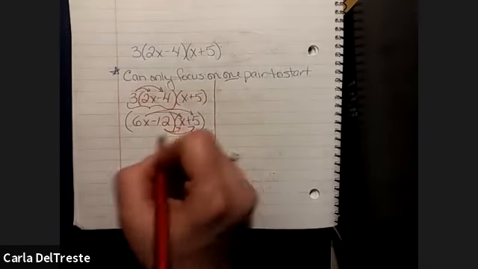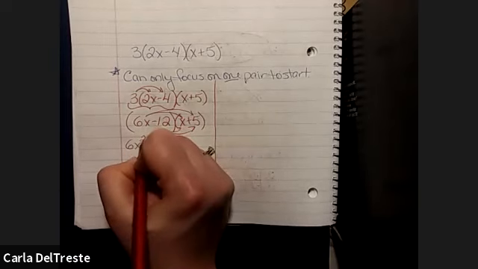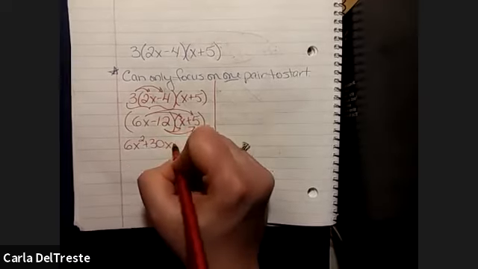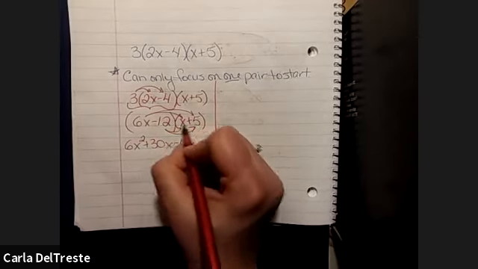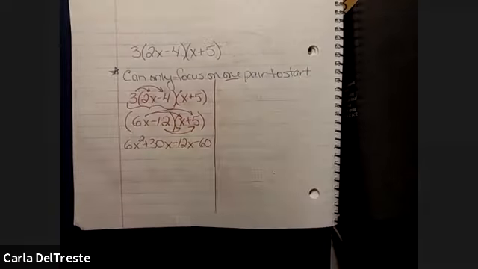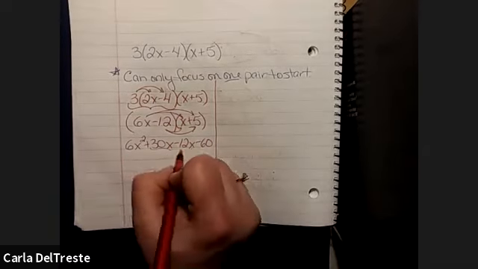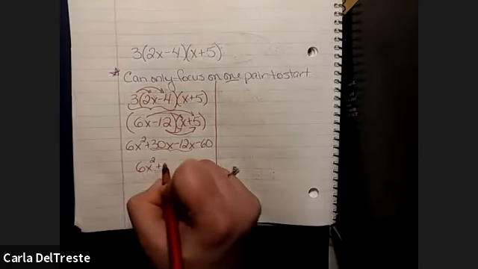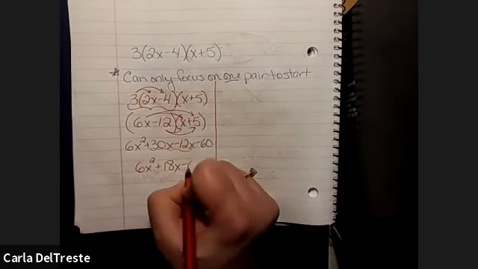So that's going to be 6x squared plus 30x minus 12x minus 60. Then I combine like terms, and my final answer would be 6x squared plus 18x minus 60.